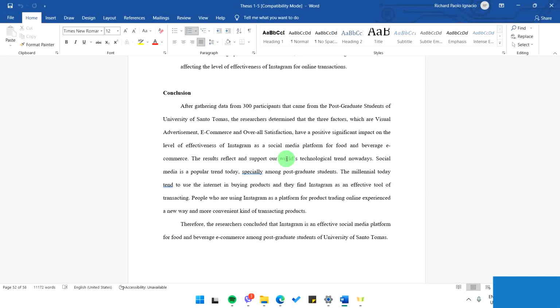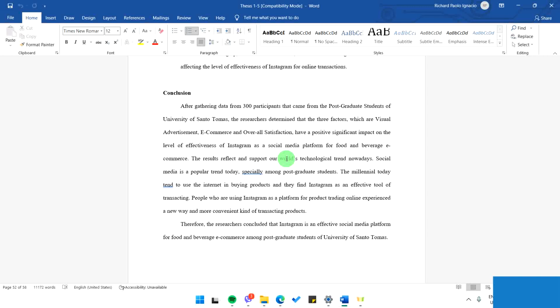I asked you guys to find a topic. And in order for you to determine a specific topic for your research, try to think of a question that you want to be answered by the end of your research. And that part is included here in the conclusion. The conclusion is the answer to that question that you have been talking about.